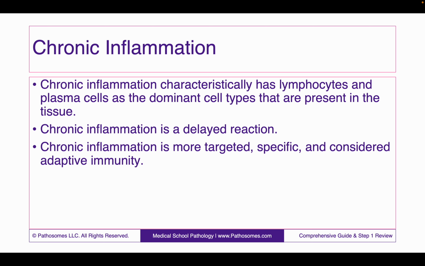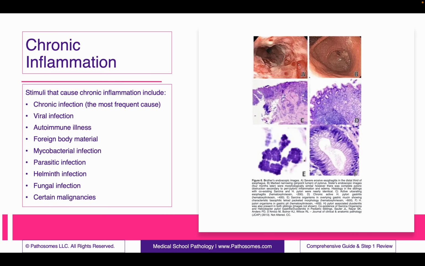Then chronic inflammation. Chronic inflammation is characterized by lymphocytes and plasma cells as the dominant cell types present in the tissue. Chronic inflammation is a delayed reaction. Chronic inflammation is more targeted, specific, and it's considered adaptive immunity. Here we have an example of chronic inflammation in response to a bacterial infection on the right.